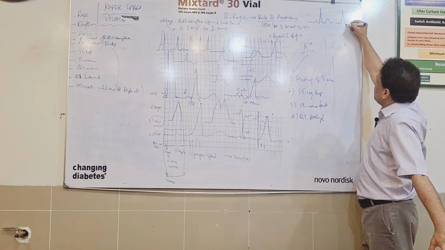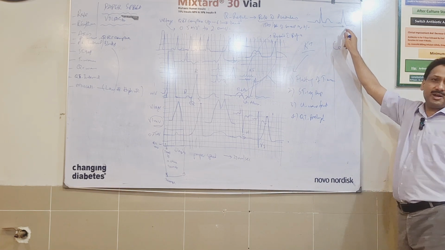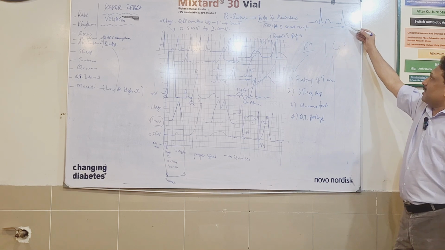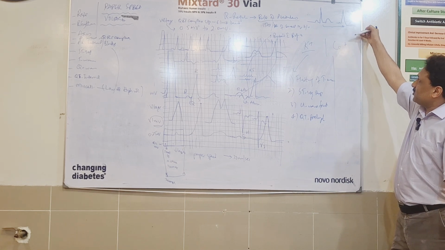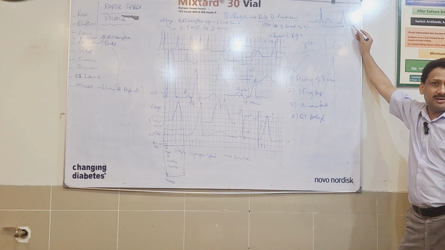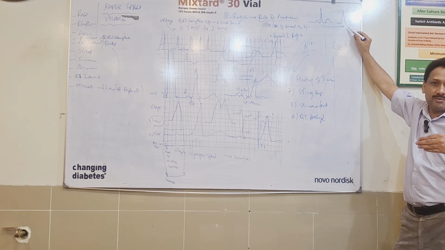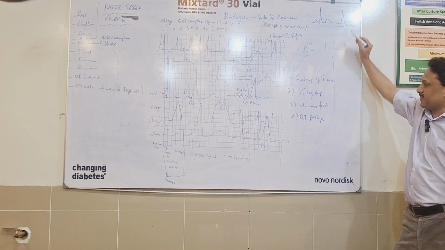The ST segment has become a bit depressed and the T wave has turned flattened. Now that is a normal person's ECG and that is an abnormal one. A person having decreased potassium, the T wave is flattening and the ST segment is lowering down, right? What happens next? U wave formation.